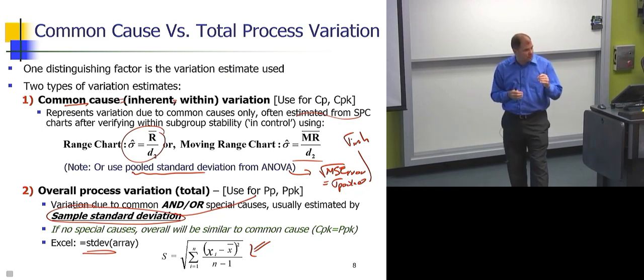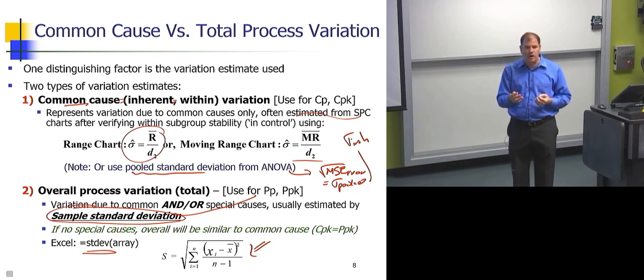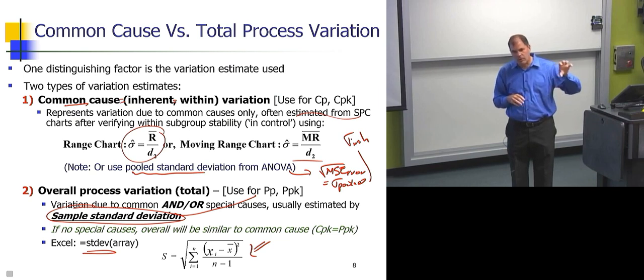If you start to get special causes, what's going to happen between sigma overall and sigma within? If you start to get a lot of special causes and your mean starts to walk around, what will you get as a relationship? Sigma overall will be bigger or smaller than sigma within.